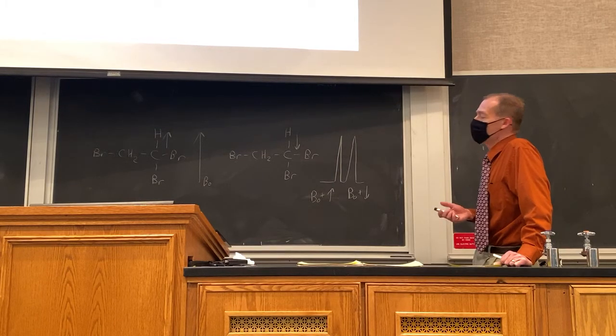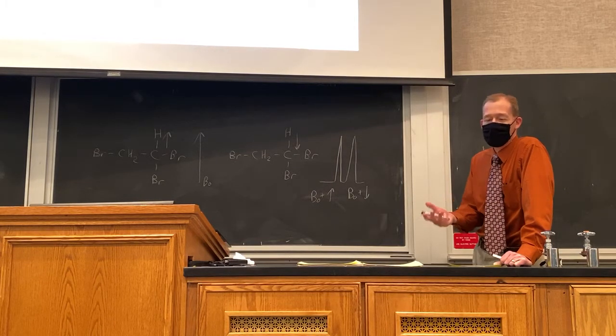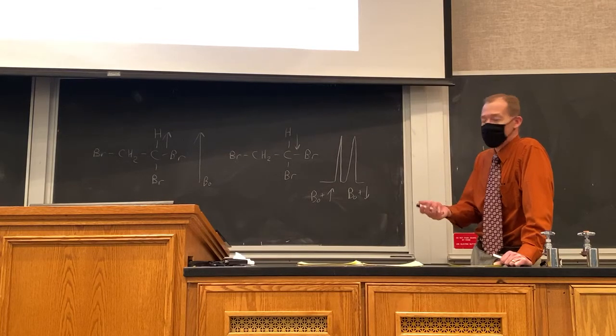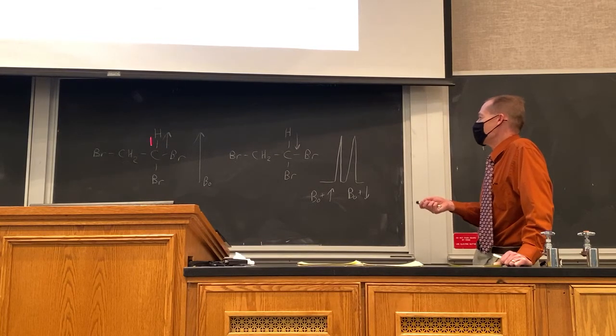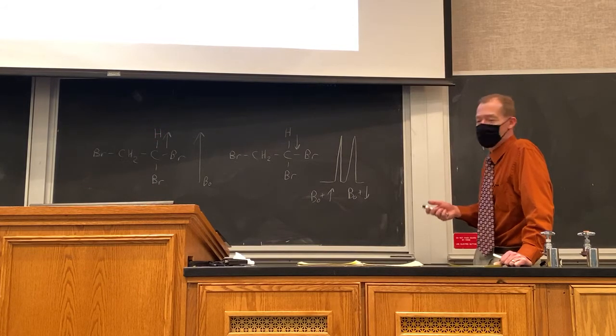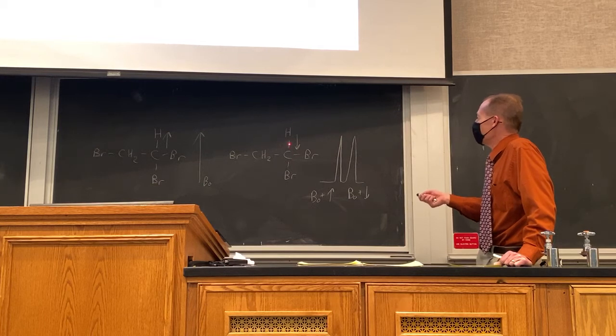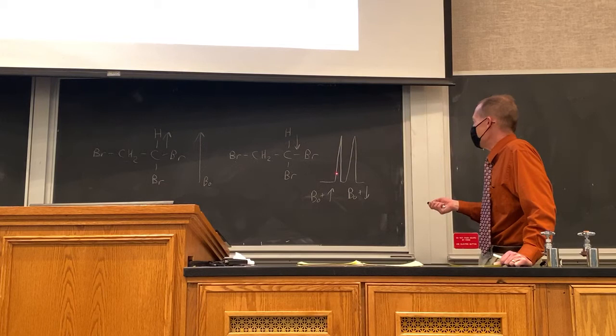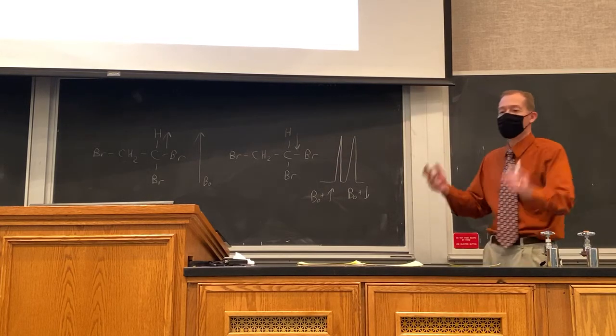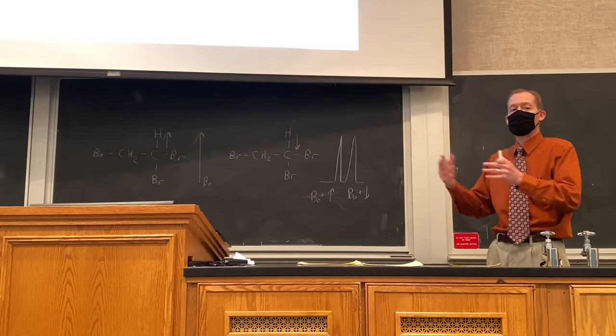So in our 1,1,2-tribromoethane sample, approximately 50% of the molecules will have this CH in the spin state where the induced magnetic field aligns with the applied magnetic field, and the other 50% will have the nuclear spin state where the induced magnetic field opposes. So that leads to these peaks having the same intensities and the same heights.